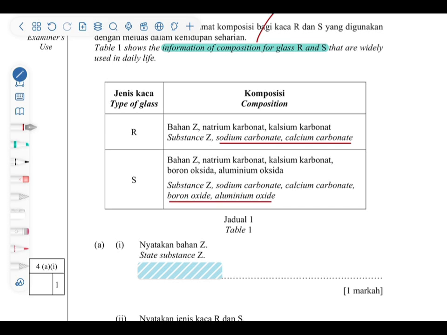So question 4A1, state the substance Z. Do you notice that in this composition, the R and S has this substance Z as the main component of the glass? Even though I believe most students will not memorize the composition of the glass one by one, you need to know that in order to make glass, the major component is silicon dioxide.